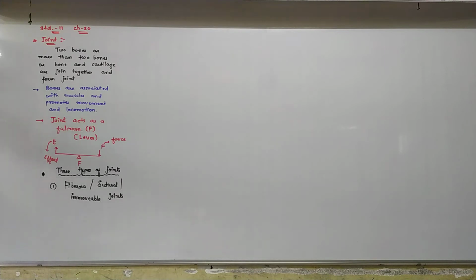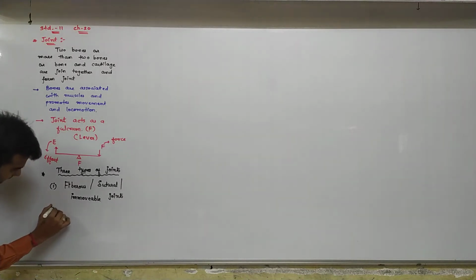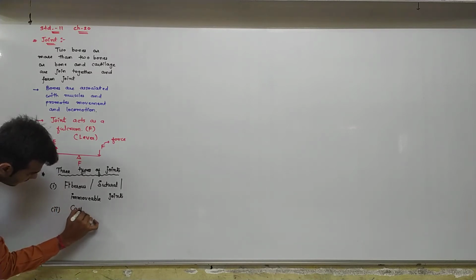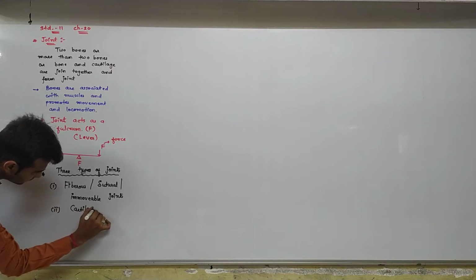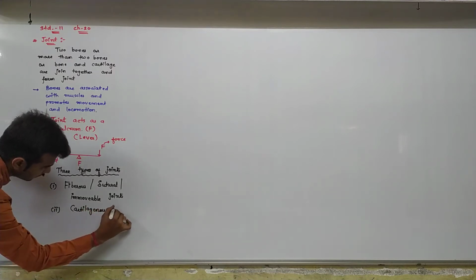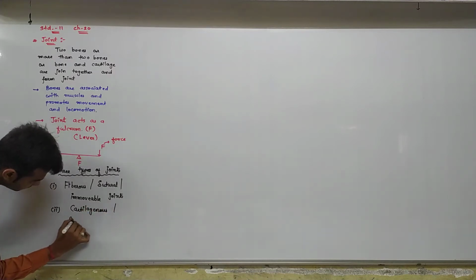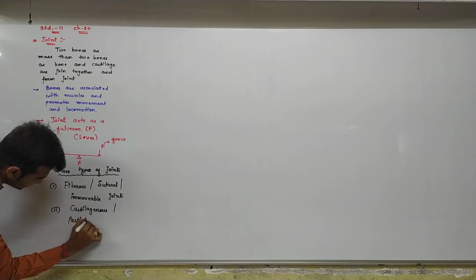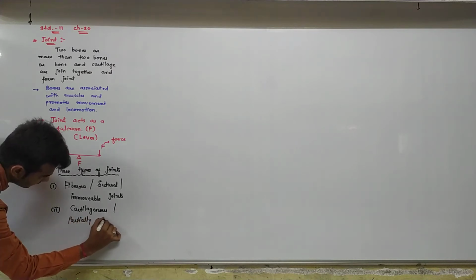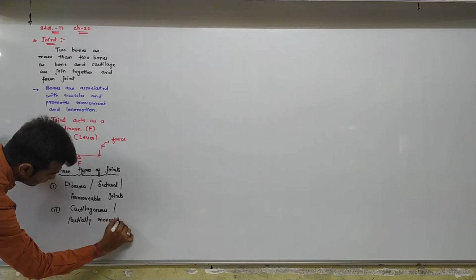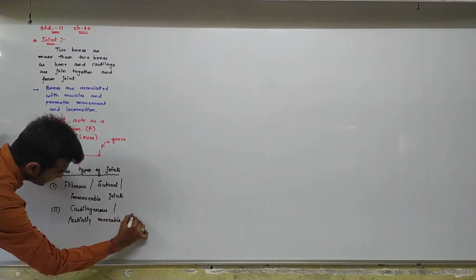First, fibrous or sutural joints or immovable joints. Second, cartilaginous or partially movable joints.